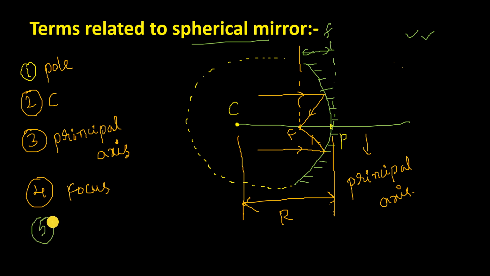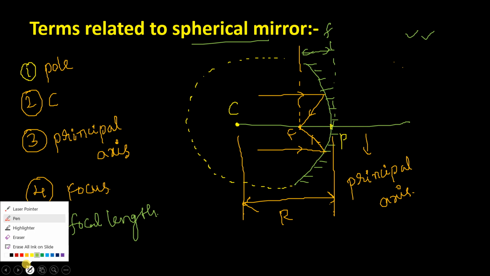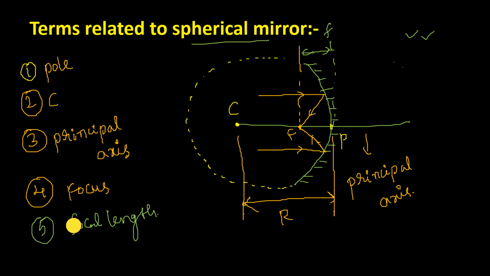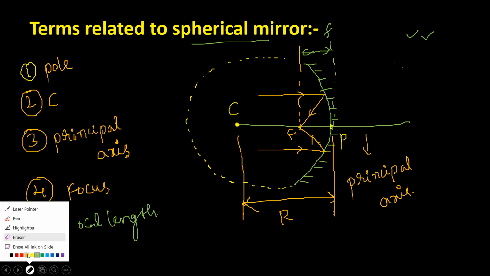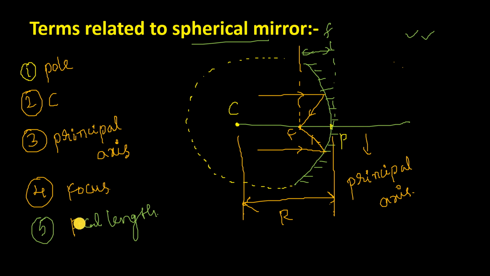Fifth one is focal length, denoted with a small letter f. Focus or principal focus is denoted with a capital letter F.